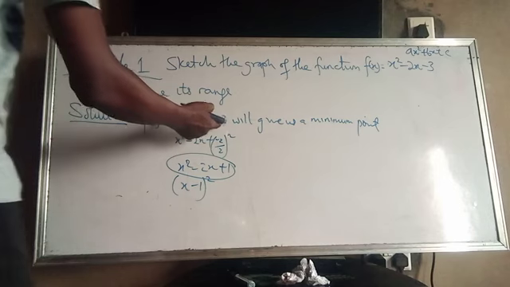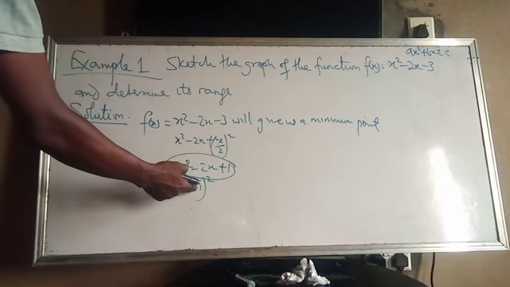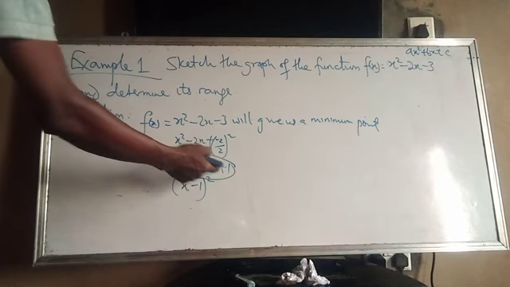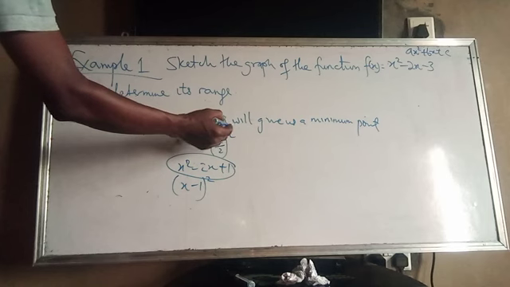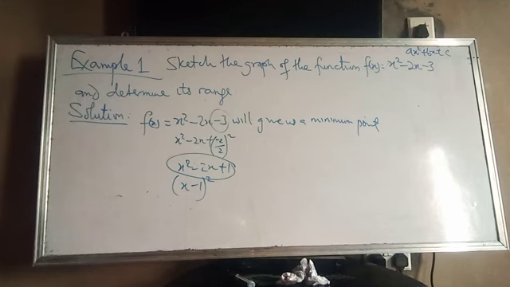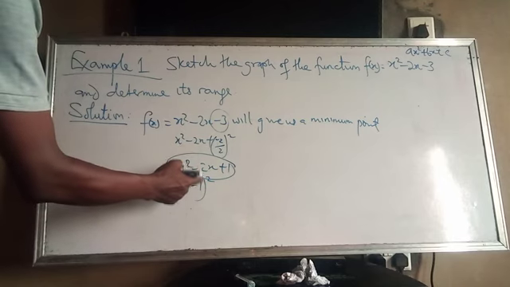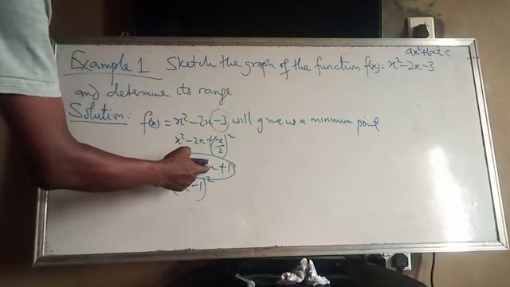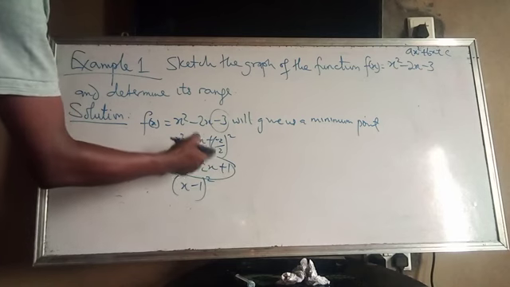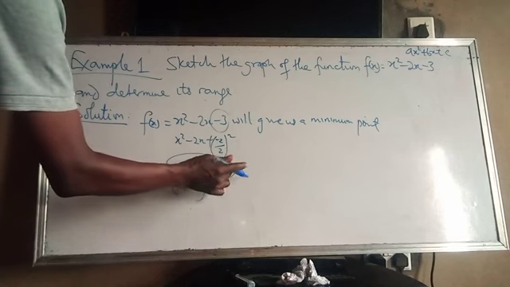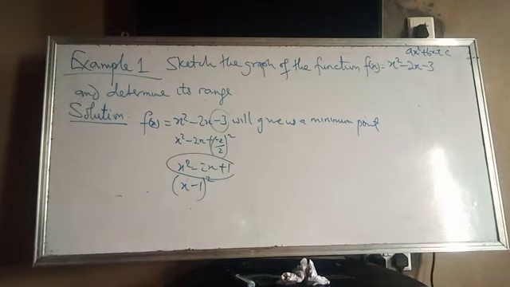How do we now get minus 3? Don't forget, the expansion of x minus 1 whole squared gives us plus 1, but originally minus 3 is supposed to be there, because you have excluded minus 3 from the equation here. So if x minus 1 whole squared gives us x squared minus 2x plus 1, what are we going to add to this plus 1 that will give us back minus 3?